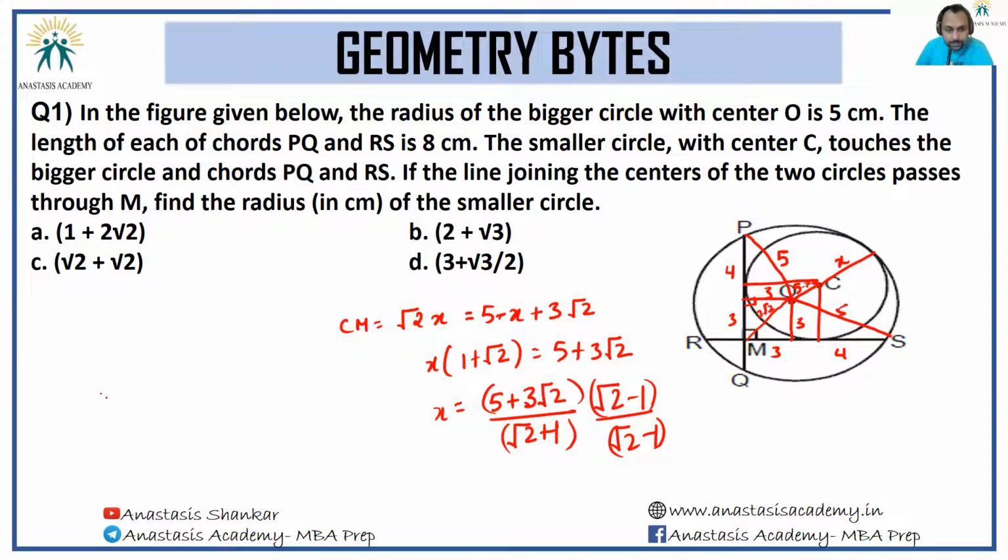That is not a problem. x will turn to 5 root 2 minus 5 plus 6 minus 3 root 2, or altogether I will get 1 plus 2 root 2. Therefore, the answer should be option A.